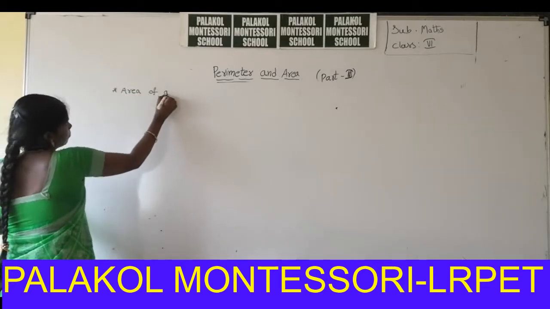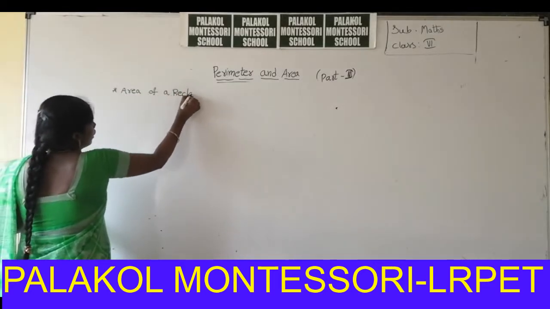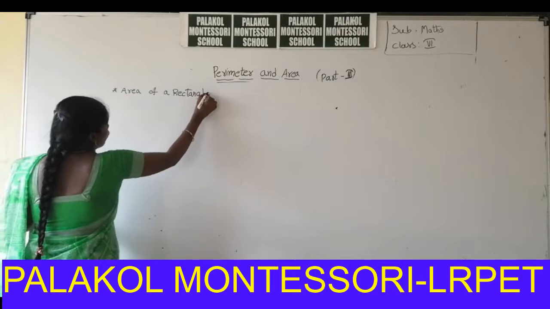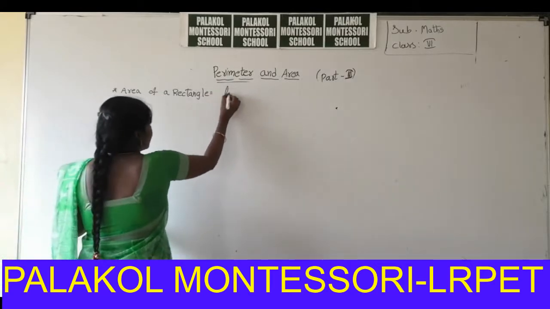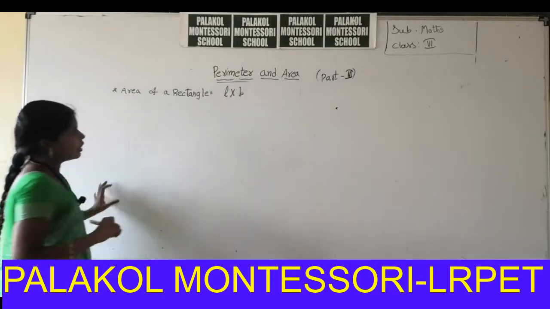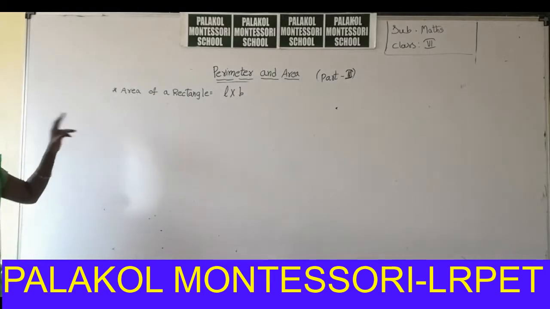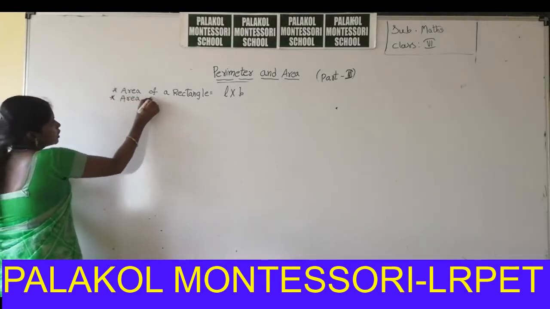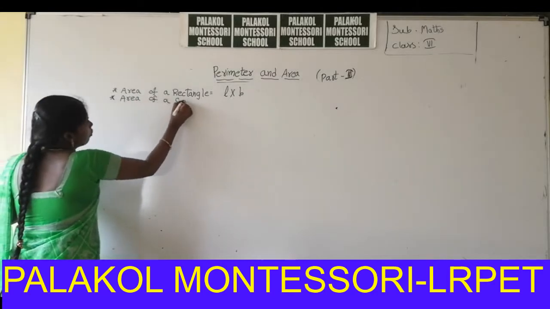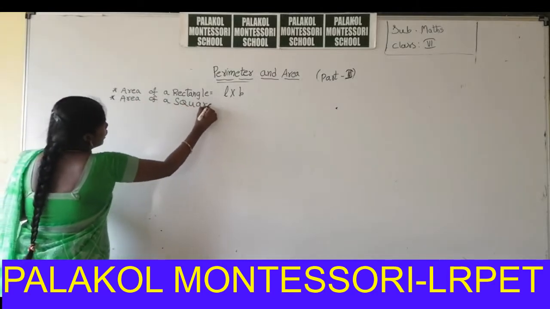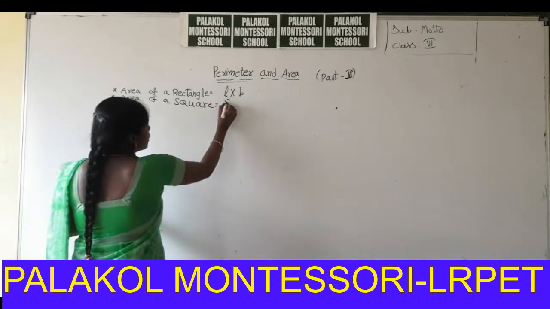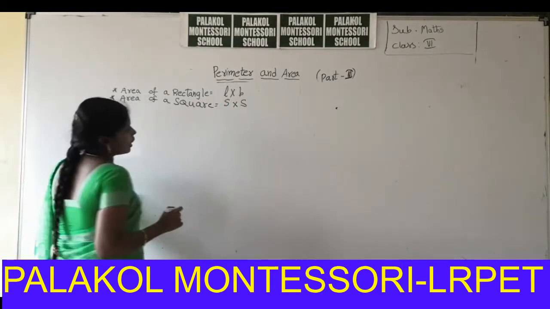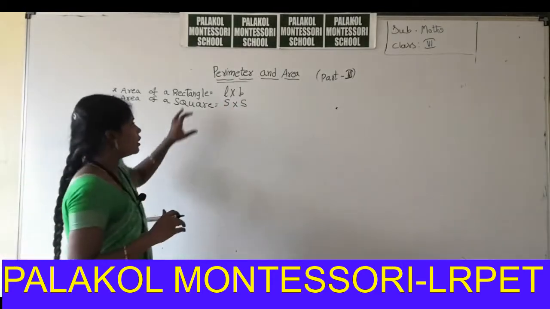Area of a rectangle is nothing but length into breadth. In the same way, area of a square is nothing but side into side.